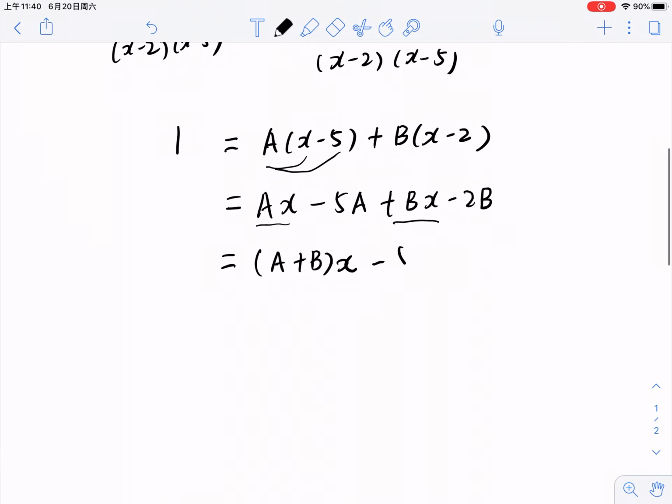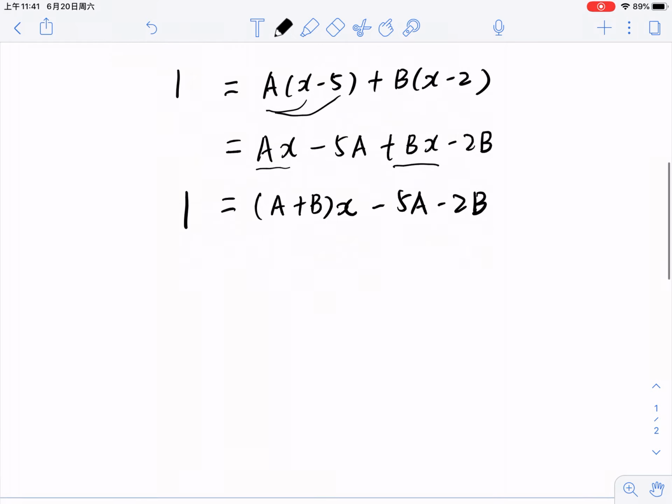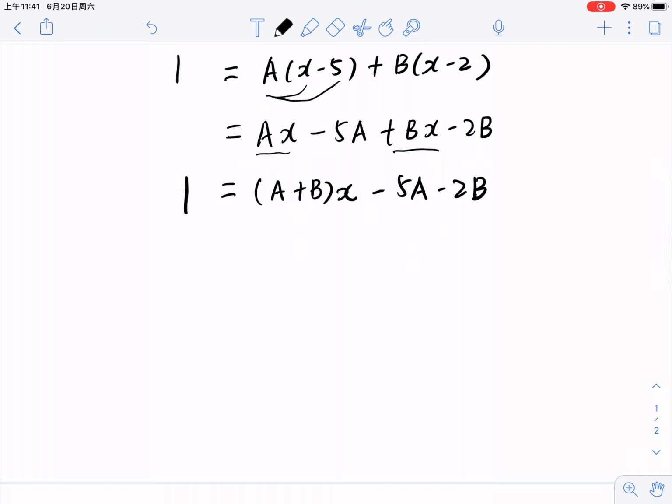Then group the constant terms together. So we have this one is equal to 1. So now the left-hand side and right-hand side are both polynomials in x, and they are equal if and only if the coefficients of the different powers of x match.